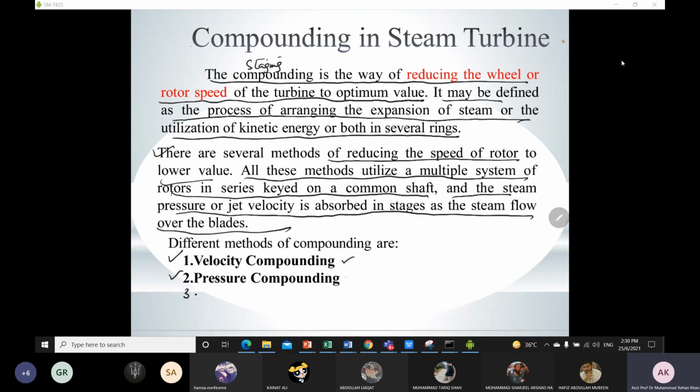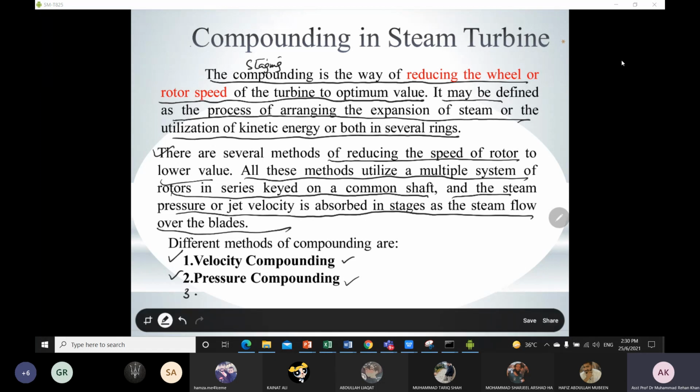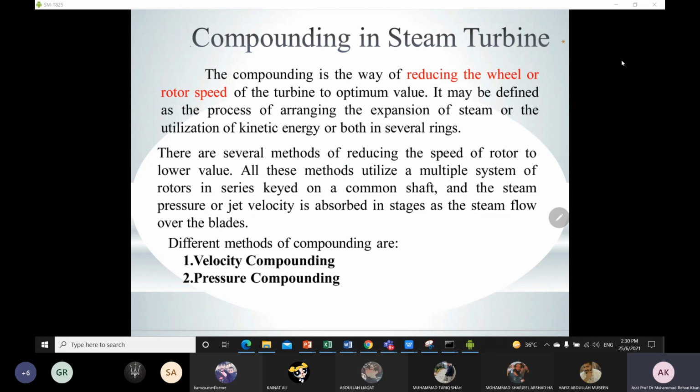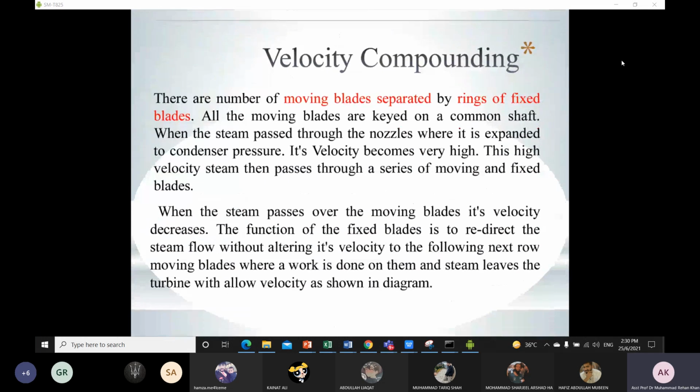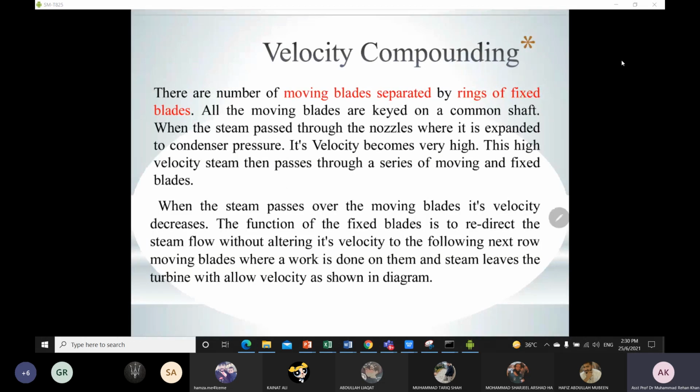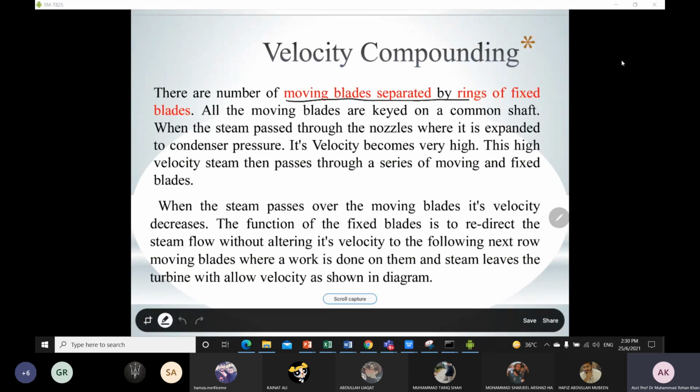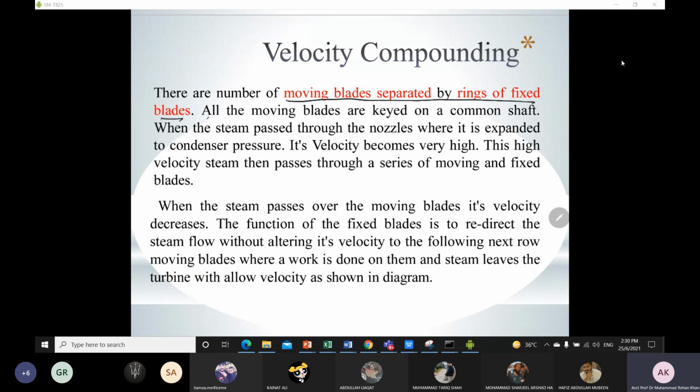So here we will only discuss velocity and pressure compounding so that we get an overview of these terms. Coming to the first method of reducing the rotor speed, that is velocity compounding. Let's look at the theory first. There are a number of moving blades separated by rings of fixed blades. All the moving blades are keyed on a common shaft. When the steam passes through the nozzle where it is expanded to condenser pressure, its velocity becomes very high.